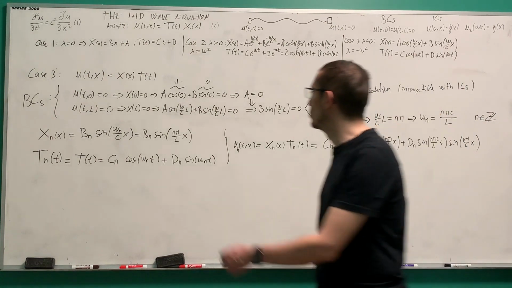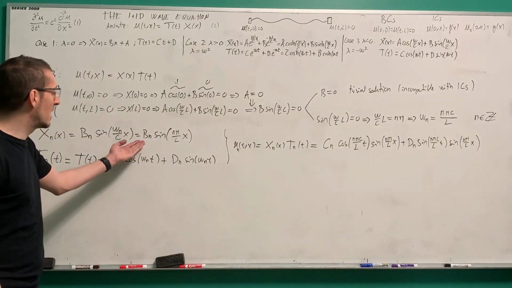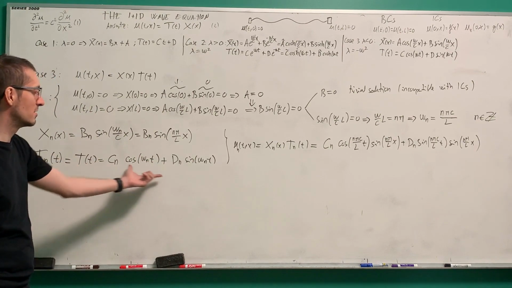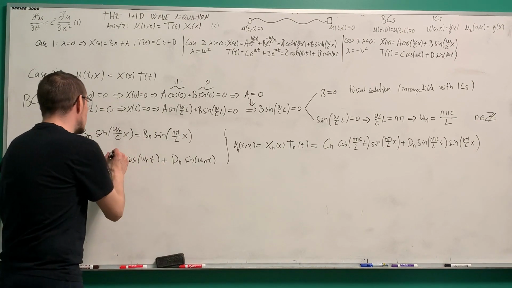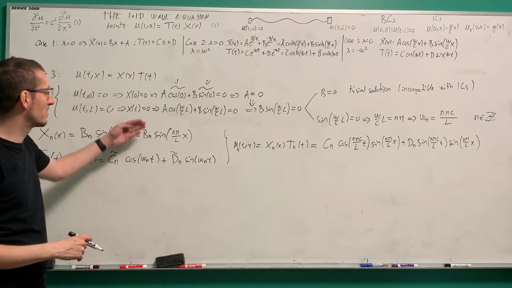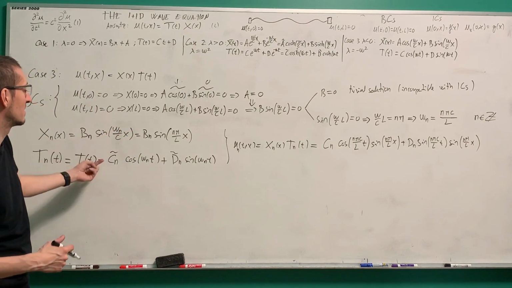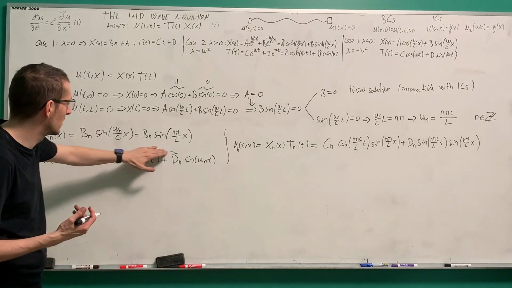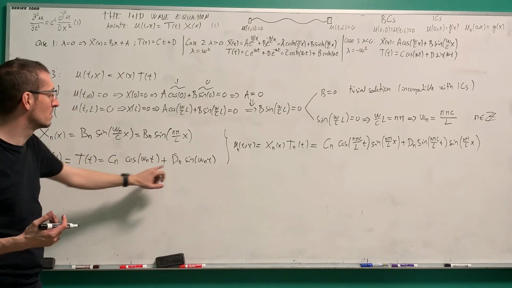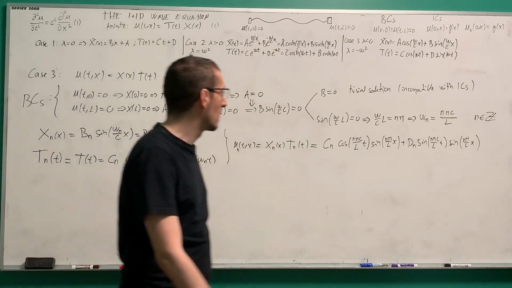And what did I do? Well, I multiplied these two, and the b_n I reabsorbed into the definition of c_n and d_n. Or if you want to define new constants with tildes, c̃_n is the product b_n times c_n. That's nothing, it's an arbitrary constant, so just reabsorb it into these two arbitrary constants.